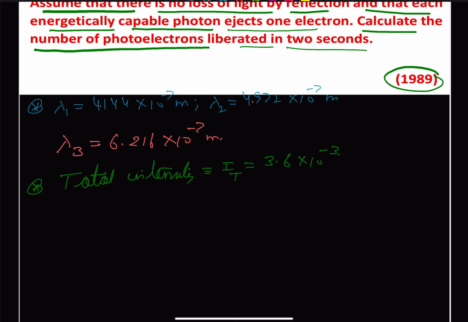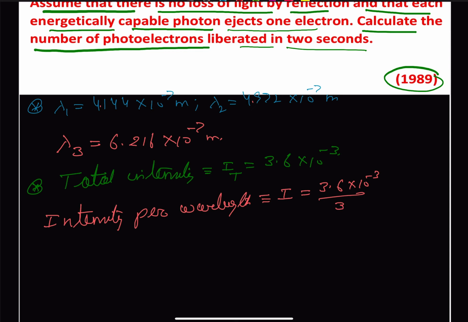So we can find out intensity per wavelength, which we suppose is our I, and this will be equal to total intensity, that is 3.6 into 10 to the power minus 3 divided by 3, because it is equally distributed, giving us 1.2 into 10 to the power minus 3.